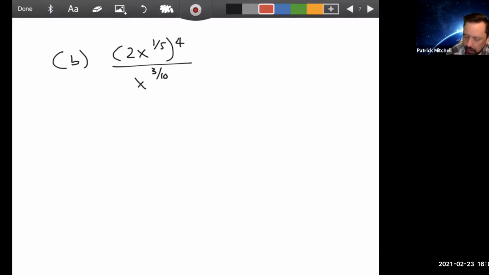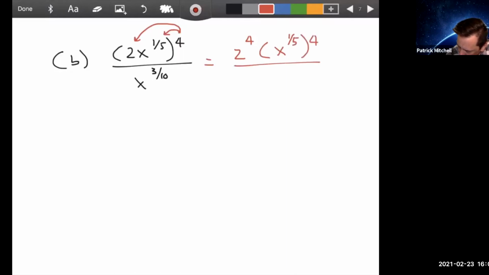So the rule that talks about what to do with exponents outside parentheses is, I remember saying these to you in the last section, it's kind of like a distributive property. We're going to put the fourth power on the 2, and we're going to put it on the x to the 1/5. So we have 2 to the 4th, and then we have x to the 1/5 to the 4th. And then we're going to divide that by x to the 3/10.